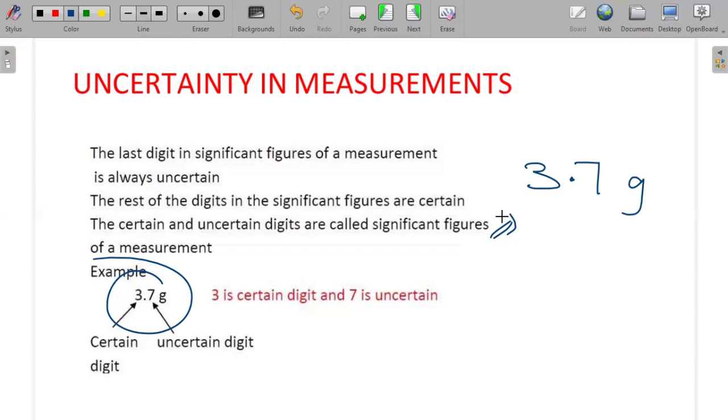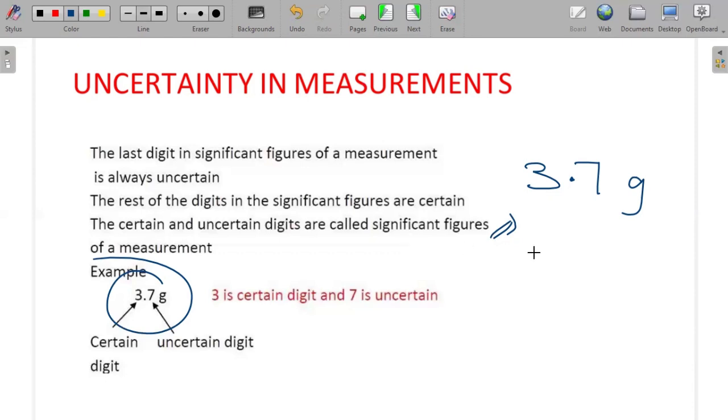So now what happens in the case where you only have one significant figure in a measurement? If you have one significant figure in a measurement, then it means that same one significant figure is going to be our uncertain digit. So it's possible that you can get a number where you don't have a certain digit.